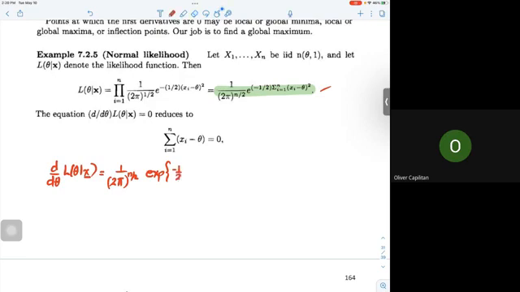We have here the summation i from 1 up to n of x i minus theta. So we have here times 2. Times 2. And then we have 1. And then take the derivative of negative theta. So we have negative 1 times negative 1.